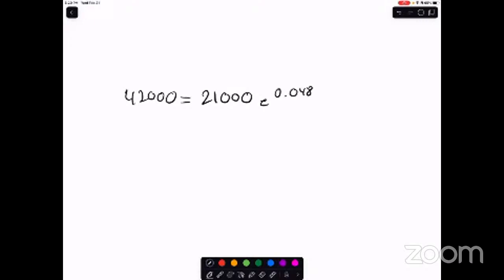Okay, so if we're doing continuous compound interest, and we're starting with 21,000 and we want to finish with 42,000, the rate is 0.048, and we want to solve for T. How long does it take for it to double? So we get 2 equals E to the 0.048T. Take the natural log on both sides. So then the doubling time should be the natural log of 2 over the rate.